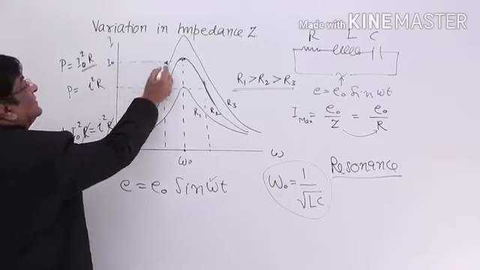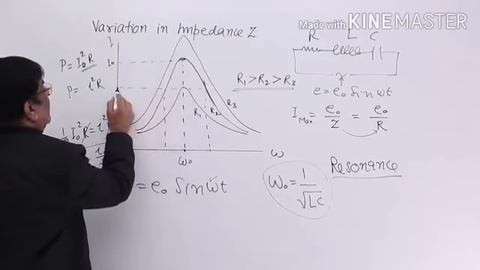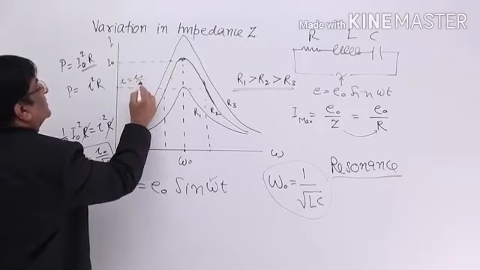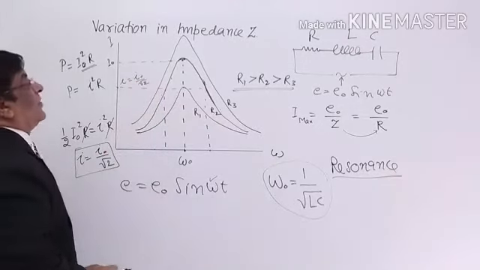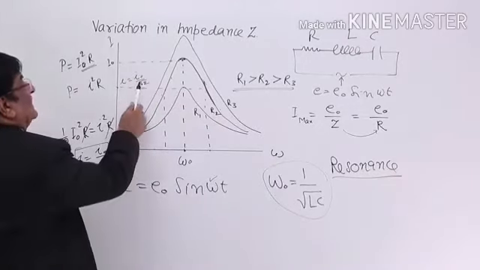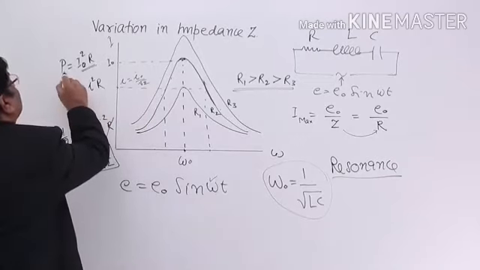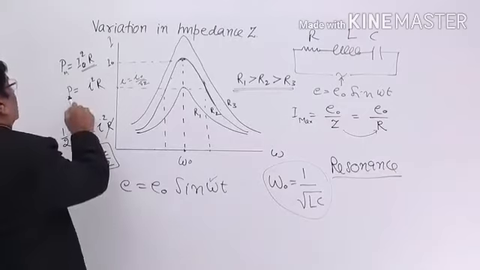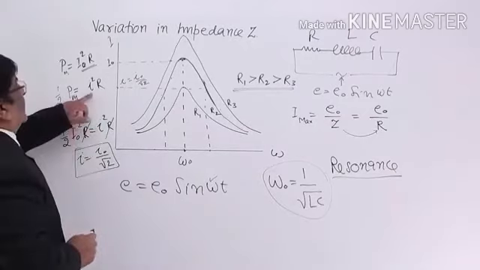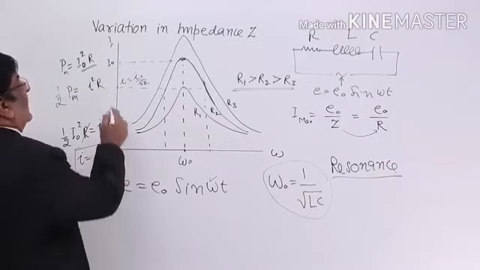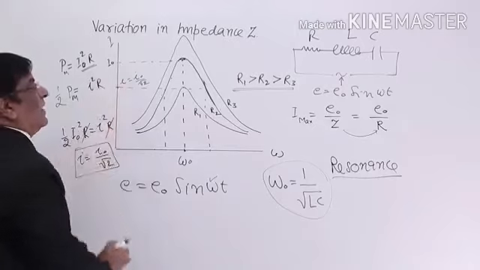This is I naught giving the peak power. This value I is I naught upon root 2. At that time what will happen? Answer, at that time power will become half of the maximum power. So this is half of the maximum power when current is equal to I naught upon root 2. At this current, power will become half.